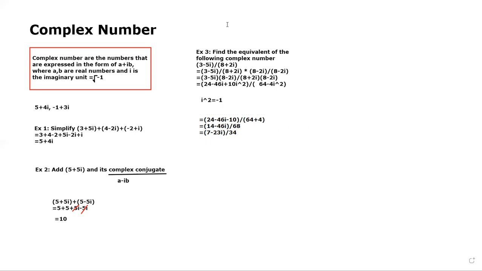So the equivalent of this complex number is 7 minus 23i by 34.